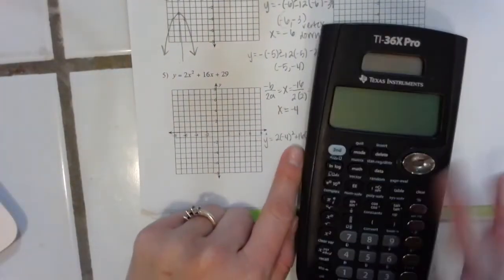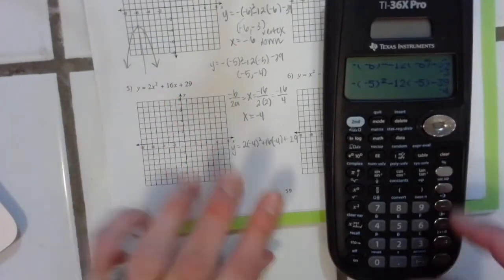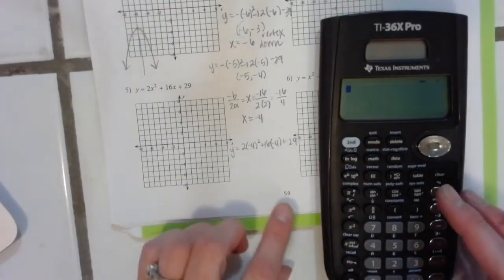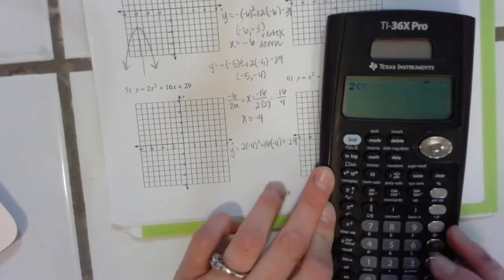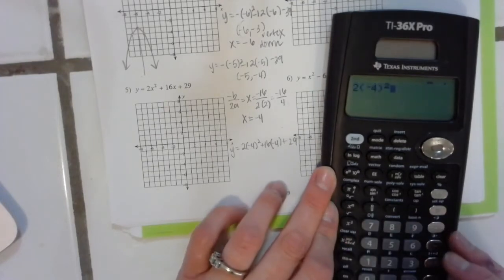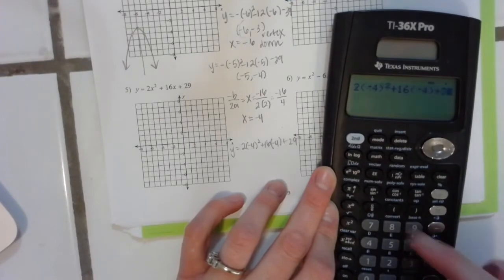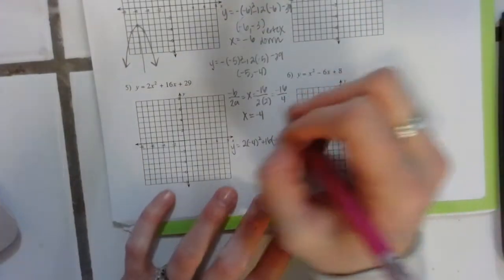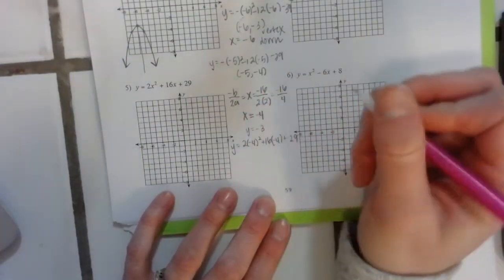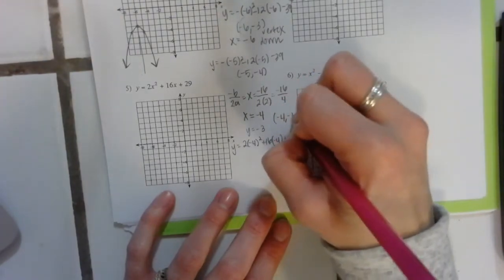Type all this into our calculator. We get negative 3. So y equals negative 3. So your vertex is at negative 4, negative 3.